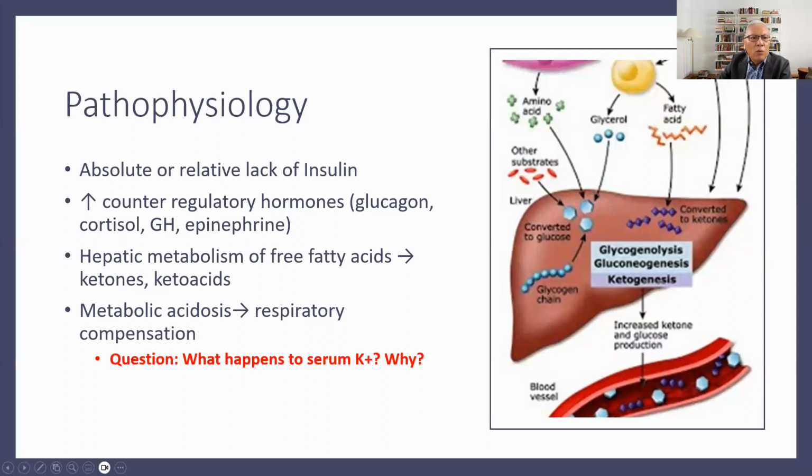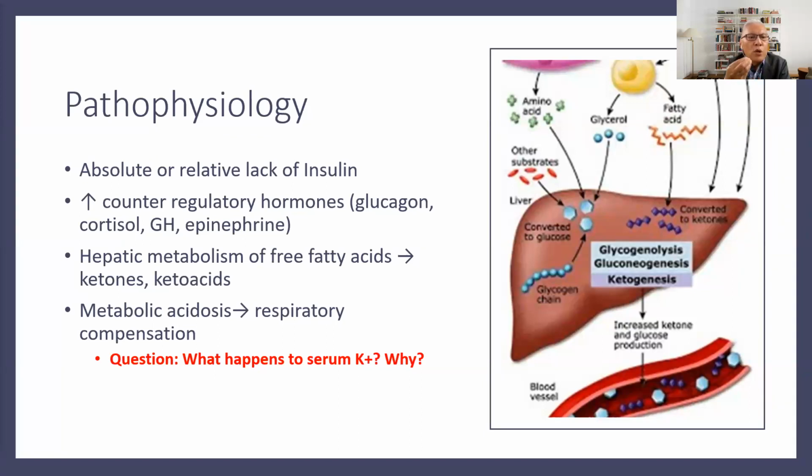Now, what is the pathophysiology of diabetic ketoacidosis? So again, there's an absolute or relative lack of insulin. And as a result of the lack of insulin, there's going to be an increase in your counter-regulatory mechanisms, because the body has to find out how else to produce energy or to look for fuel.